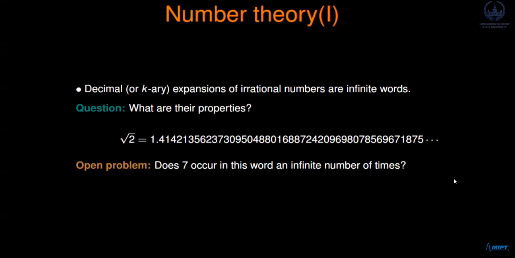For example, the decimal expansion of the square root of 2 is 1.4142 and so on, as you can see on the screen. So we can think of this expansion as an infinite word over the alphabet 0, 1, 2 through 9, where each digit in the expansion is a symbol from the alphabet.